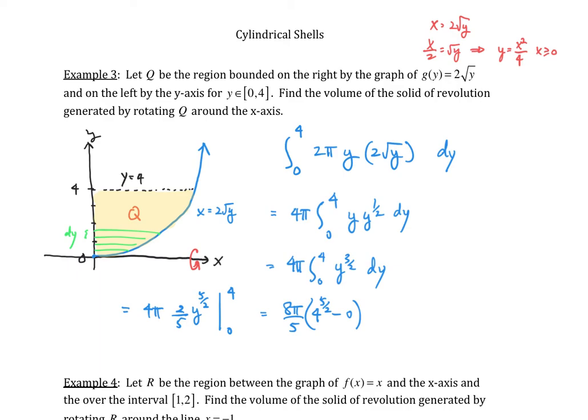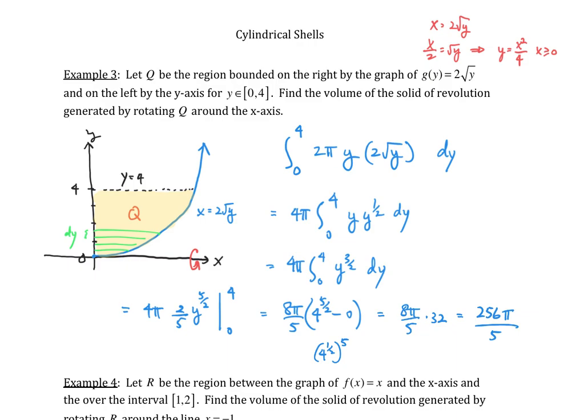So, you could write this as 4 to the 1/2 raised to the 5th power like that. And that's going to give you 2 to the 5th, which is 32. So we end up with 8 pi over 5 times 32, which simplifies to 256 pi divided by 5.